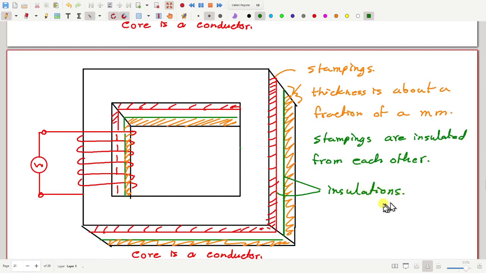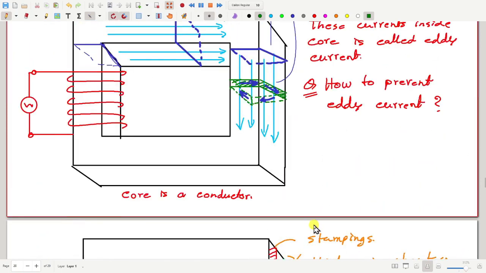Now, what is the advantage of having these insulations in between? If you see the previous diagram, what is the potential path for the eddy current to flow? Those are closed paths like this.